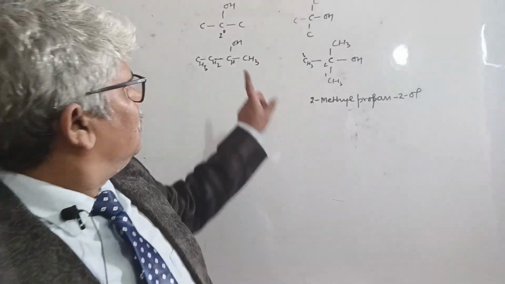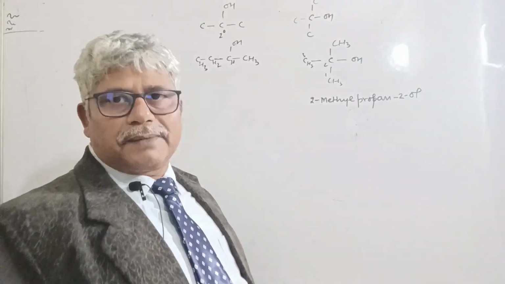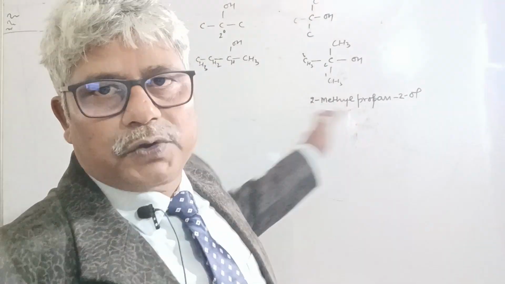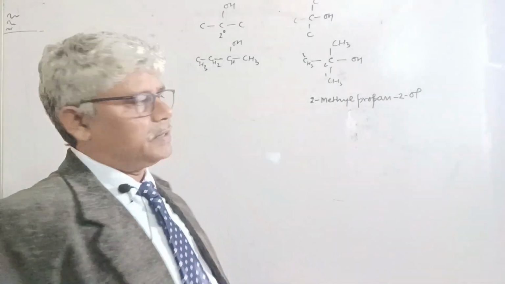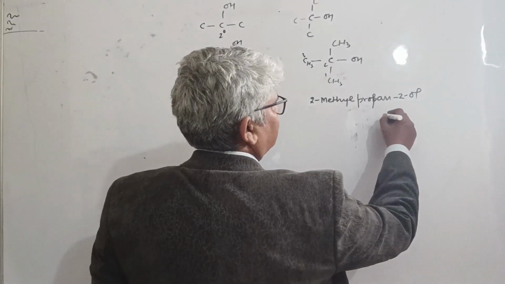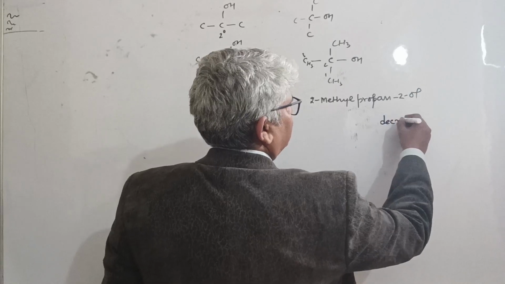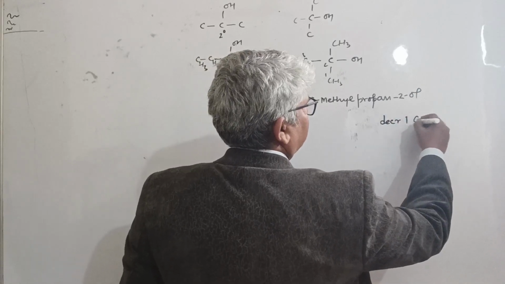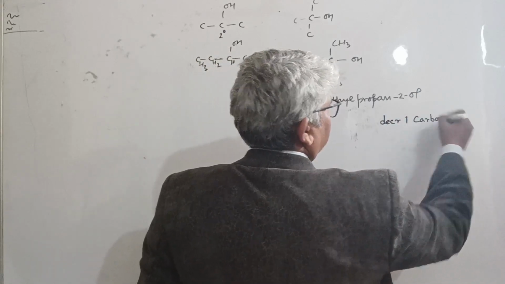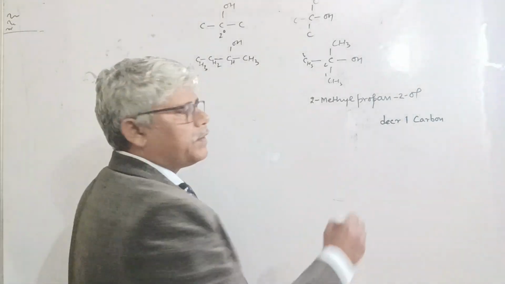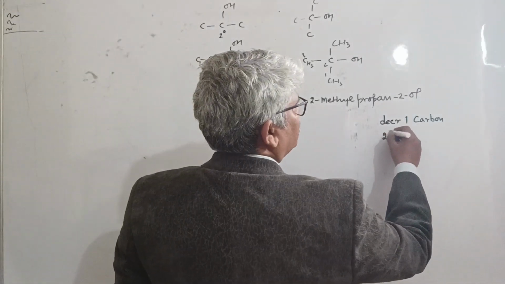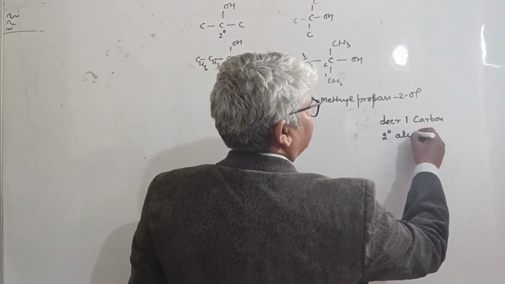So in this case, first I will write the steps. Then we will do them in terms of a flow chart. And I will do it in a single shot. Number 1, decrease 1 carbon. Then convert to secondary alcohol.